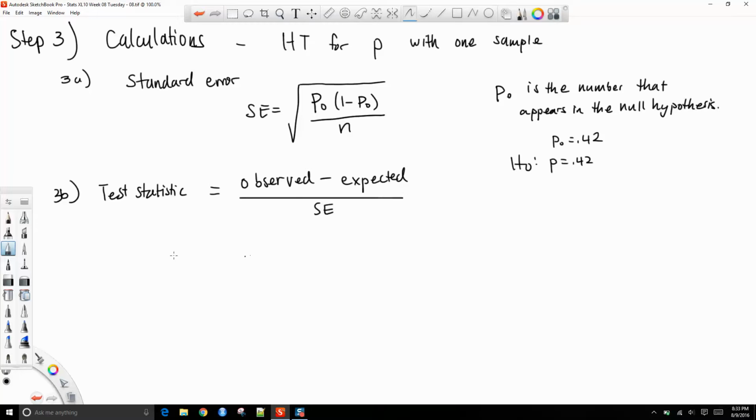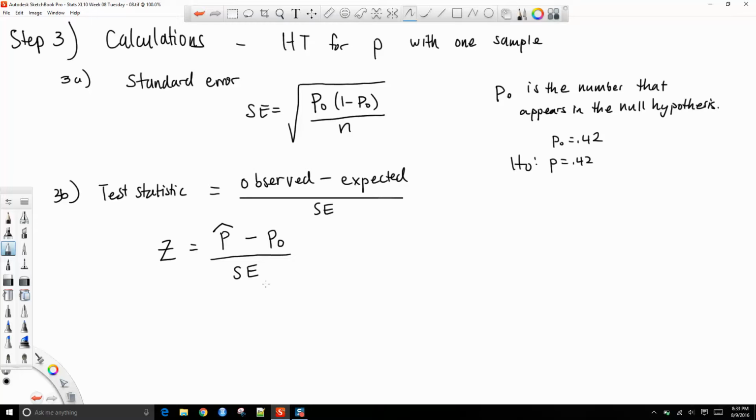In this case, we're going to get a z-score, so our test statistic is z, and the observed value is p-hat, our sample proportion. If the null hypothesis were true, we would expect our p-hat values to be close to p0. And we would divide that difference by the standard error.